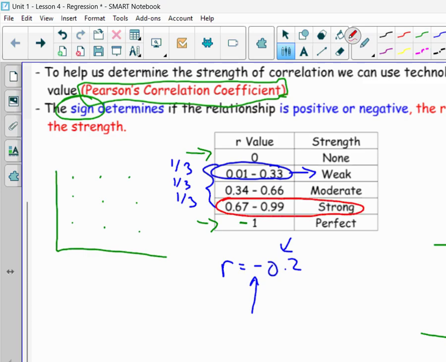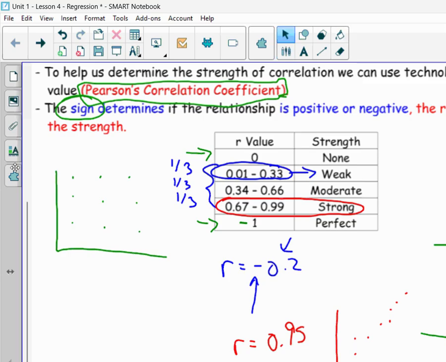It could be positive or negative, but hopefully something like 0.9 or 0.8, something pretty strong. If we saw something like 0.95, it would be a positive relationship going up to the right, and the dots are not quite in a straight line. Maybe one is a little bit off like that, or a little bit off like that. They're almost all in a straight line. That means we'll have some really good predictions, interpolations, and extrapolations.